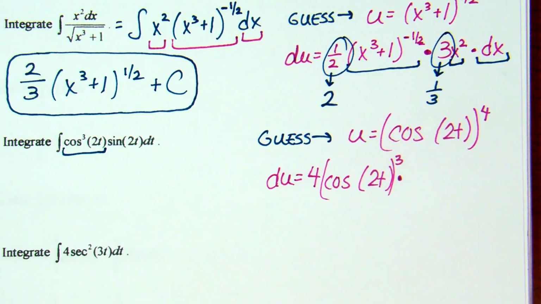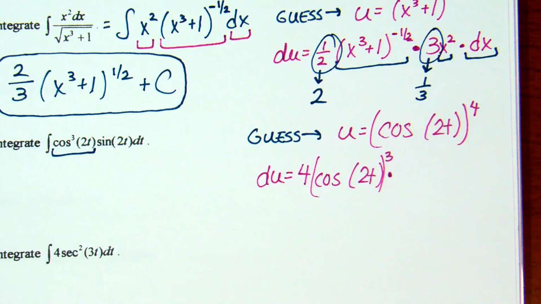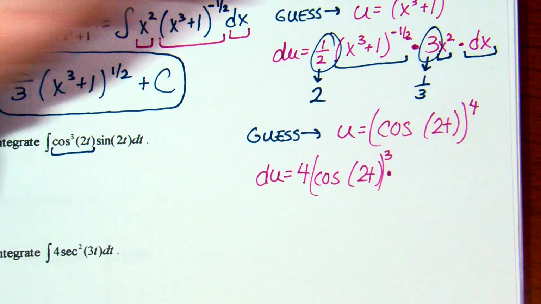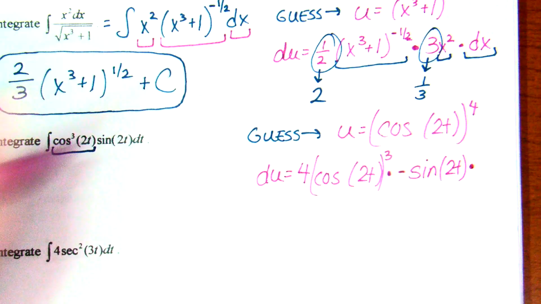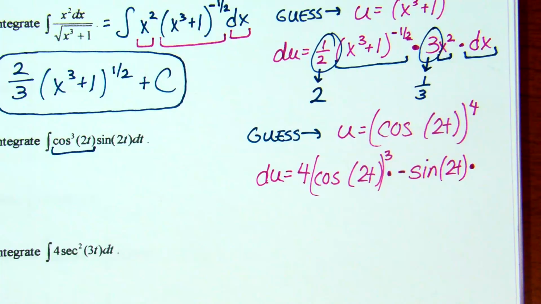What's the derivative of cosine of 2t? Or let me rephrase that, what's the derivative of cosine of something? Negative sine of something. So negative sine of 2t times the derivative of the new something.